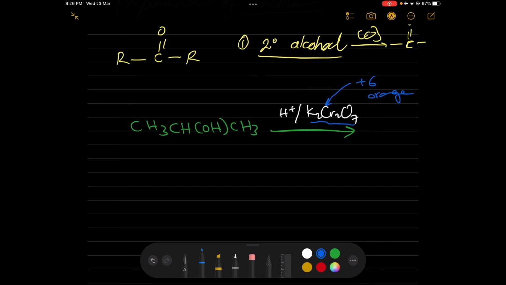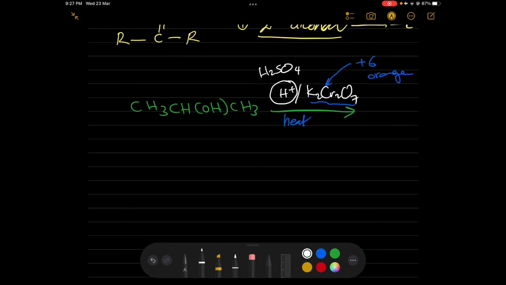The conditions, as we can see: you must add acidified dichromate in the presence of heat as well. Most likely the most used acid is sulfuric acid, H2SO4, but in general we can describe it as acidified by H+. The product that we're going to have is a ketone.